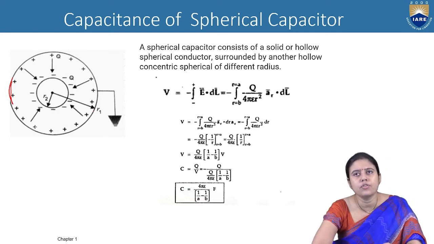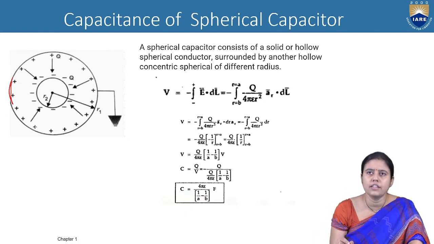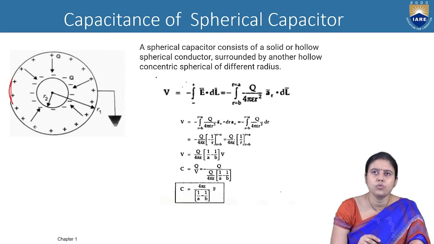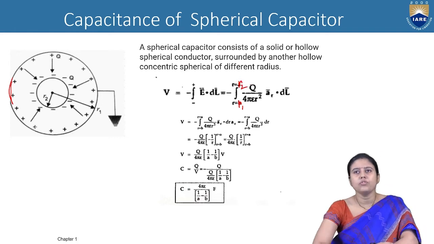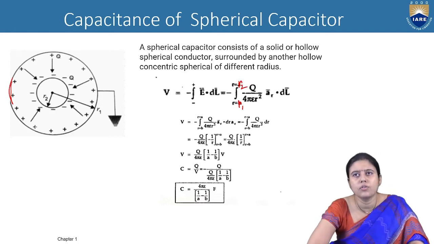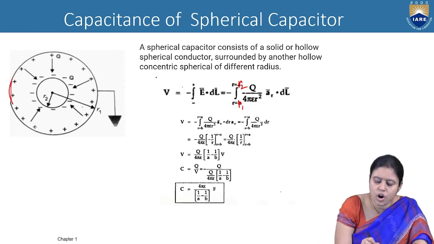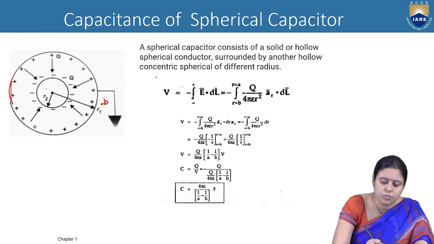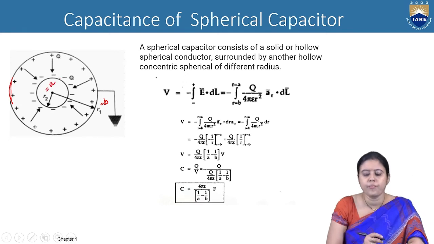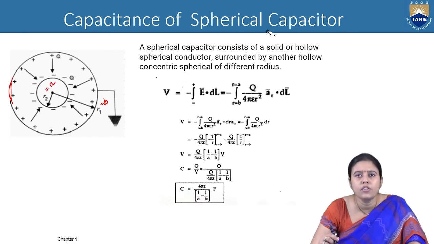We have to calculate the potential, and according to the definition, potential is from minus to plus, meaning outer to inner, so R is equal to R1 to R is equal to R2. We can assume R1 is equal to B and R2 is equal to A, so the limits are B to A.